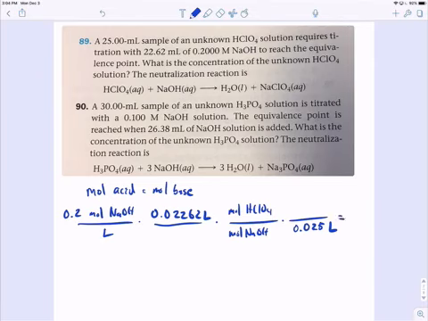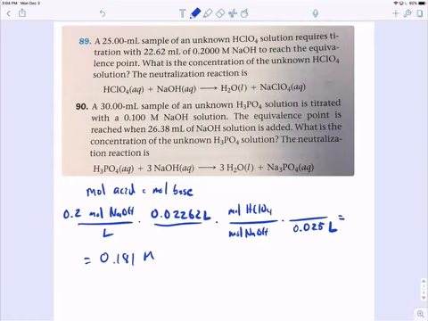And if you do that, you get 0.181 molar.